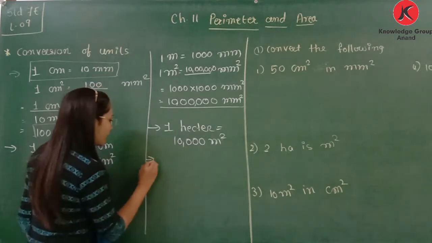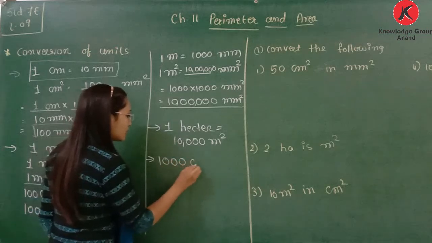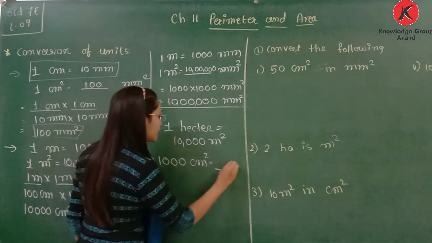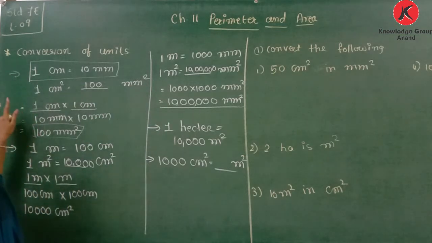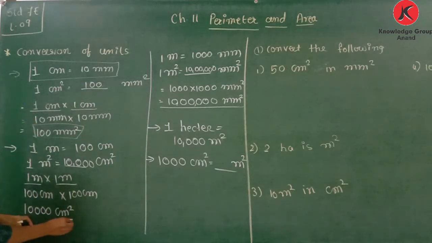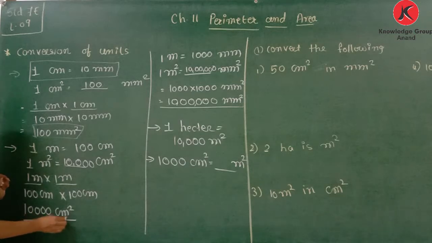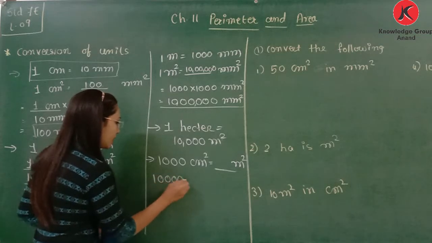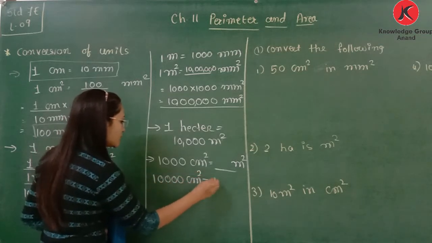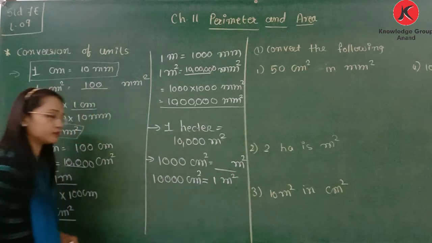If you want to find what is 1000 centimeters square in meters square, here we know that 10,000 centimeters square is equal to 1 meter square. So here we can write 10,000 centimeters square is equal to 1 meter square.